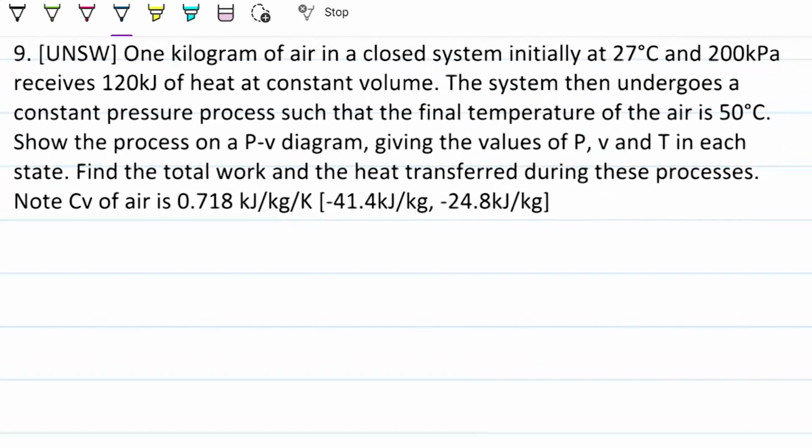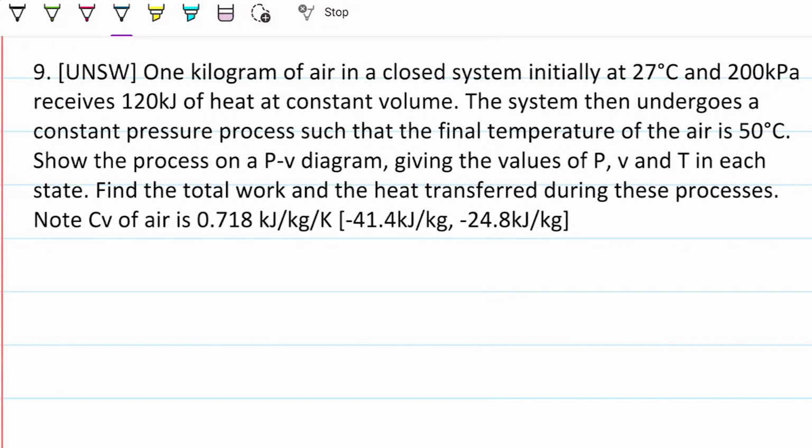The problem statement reads like so. 1 kilogram of air in a closed system, initially at 27 degrees Celsius and 200 kilopascals, receives 120 kilojoules of heat at constant volume. The system then undergoes a constant pressure process such that the final temperature of air is 50 degrees Celsius.